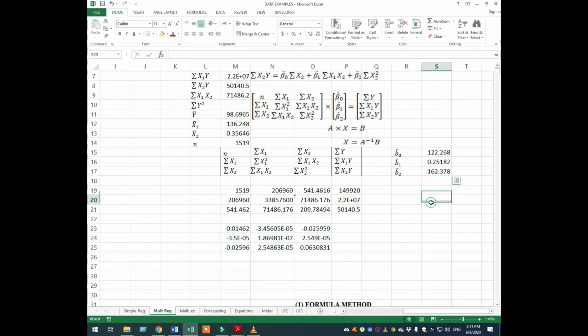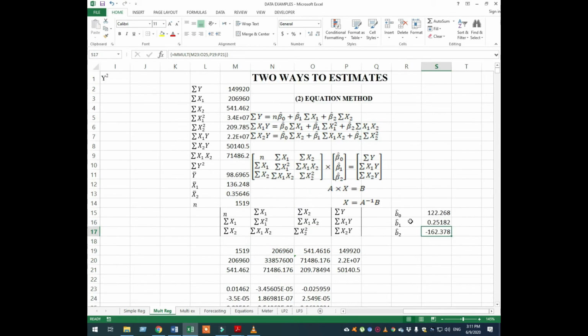So these are actually the values of B0 cap, B1 cap and B2 cap. That's how we can calculate the values of these estimates through these equations.